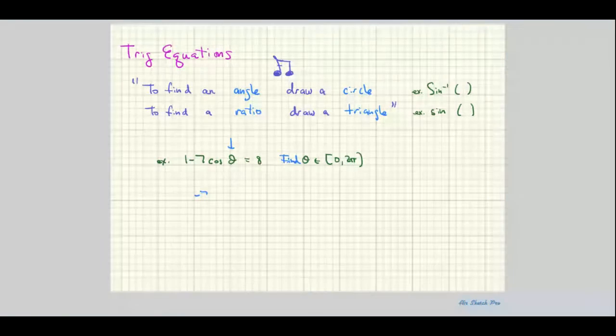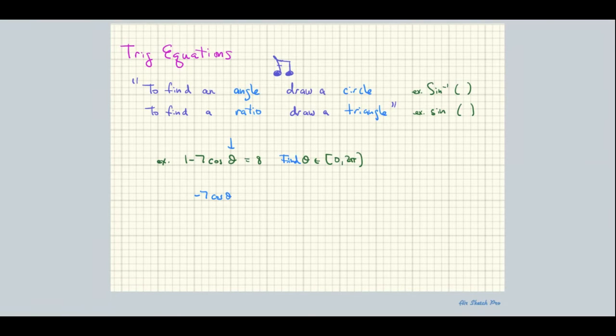I get -7 cosine theta equals 7, subtracting 1 from both sides. Okay? And then, this gives me cosine theta equals -1. All right? So here we go. I could talk about theta being the arccosine of -1, and that works.